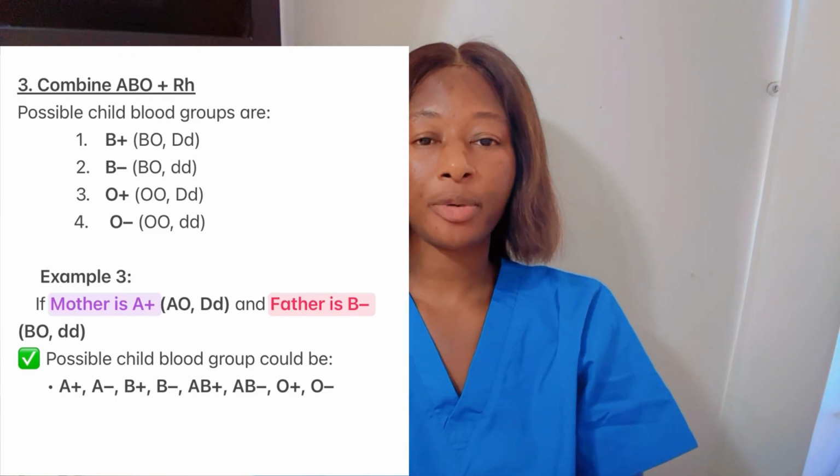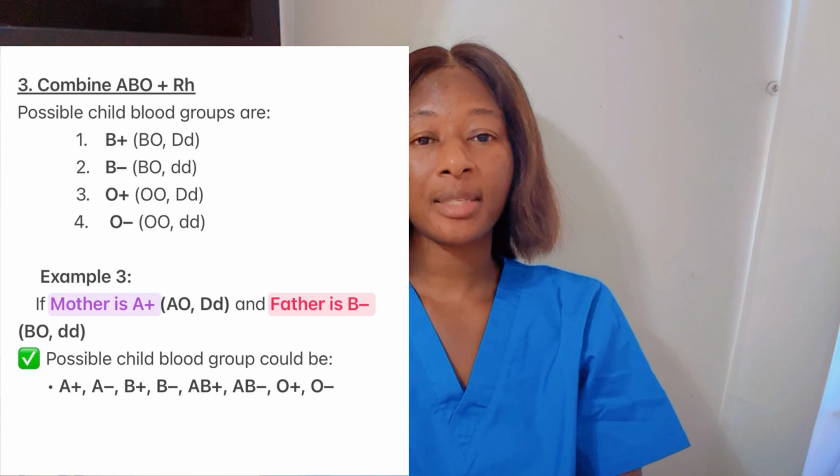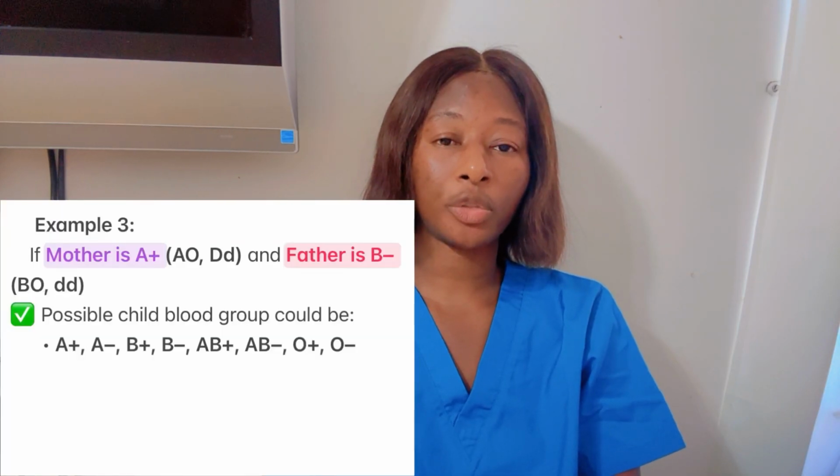And the third example, if a mother is blood type A positive and the father is blood type B negative, in the inheritance pattern according to the ABO system, because the mother is A, the mother's genes can either be A or O. So the mother can pass either gene A or gene O to her children.